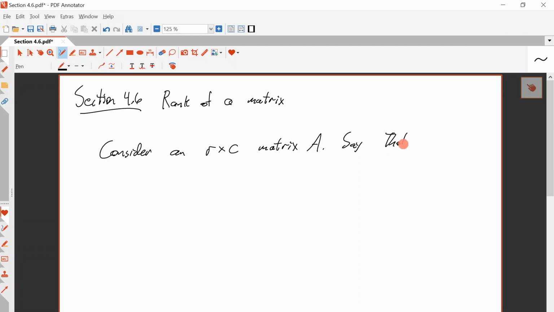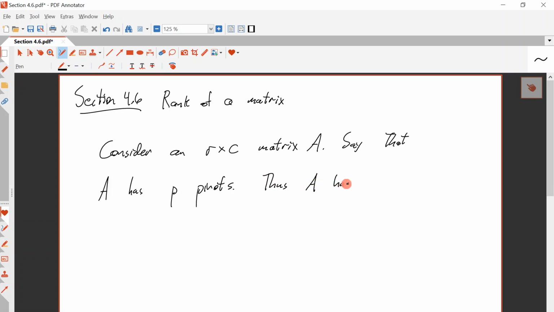Say that A has P pivots, right? A pivot takes up one row and one column. Each pivot accounts for a row and accounts for a column.